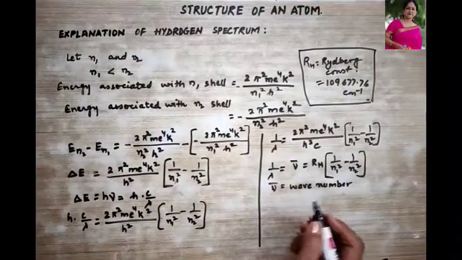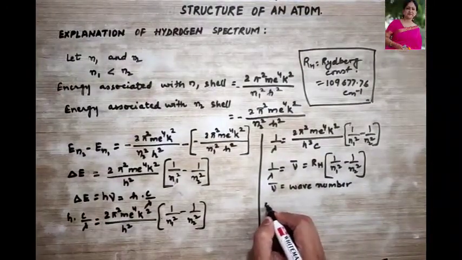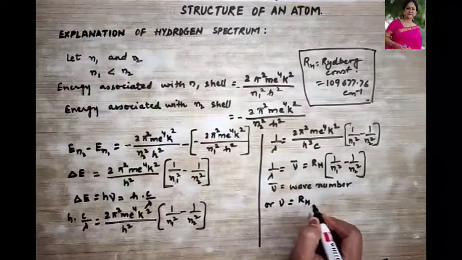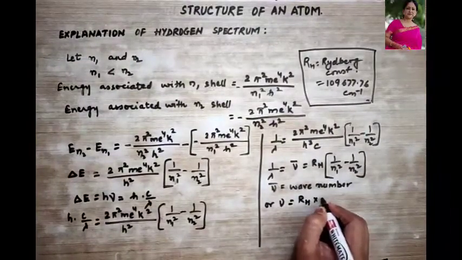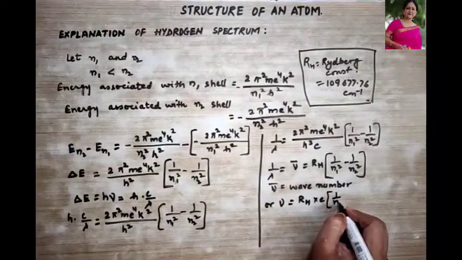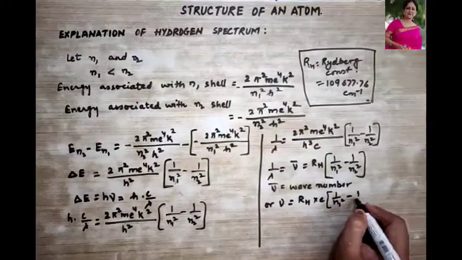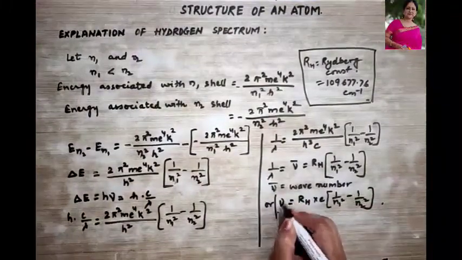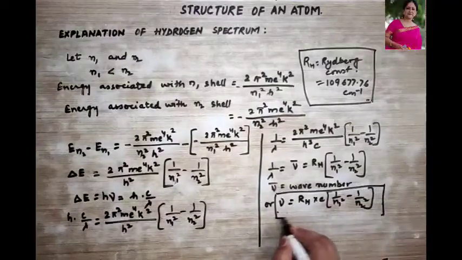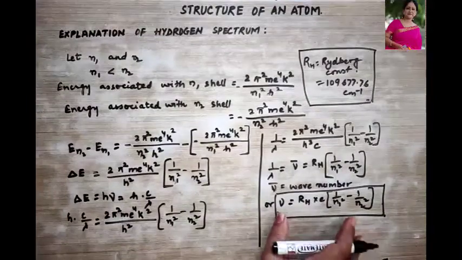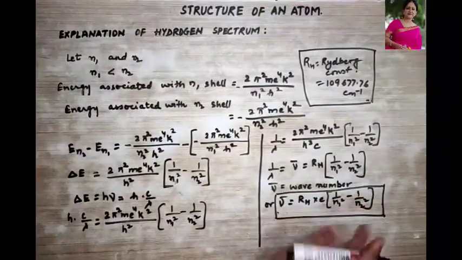So over here we can write this is equal to RH into c times 1 upon n1 square minus 1 upon n2 square. So this is your final formula that is formed when we need to calculate the wave number.